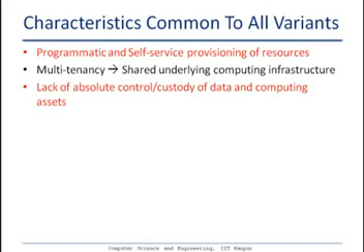So in that sense, you have a loss of control, if you will, on those assets, whether it's data or other computing infrastructure in terms of software, etc., that you will put in the cloud. So you have that sense of loss of control.